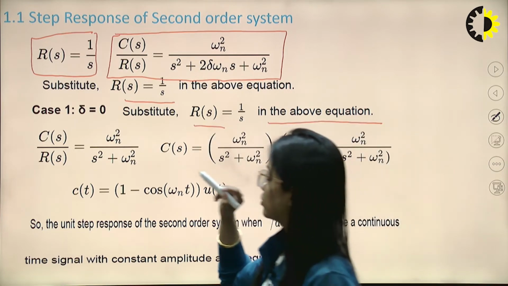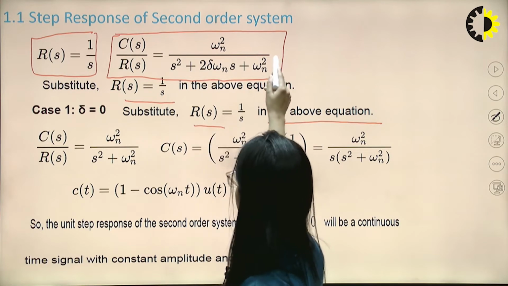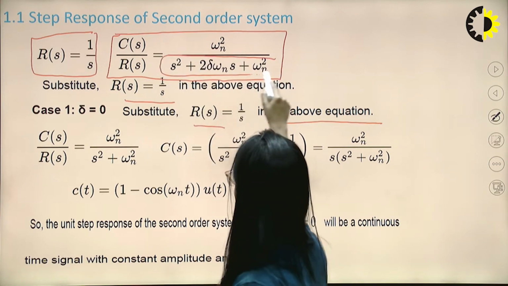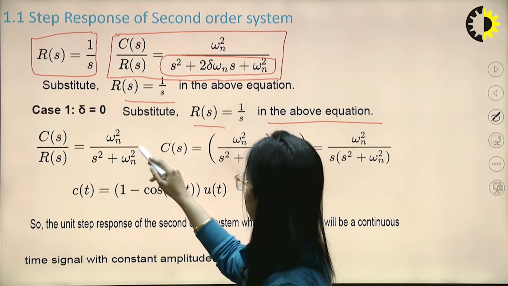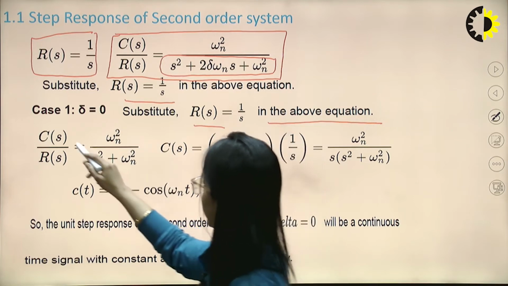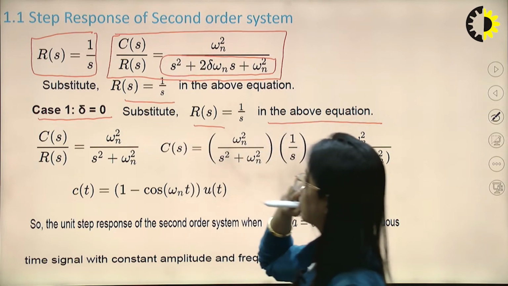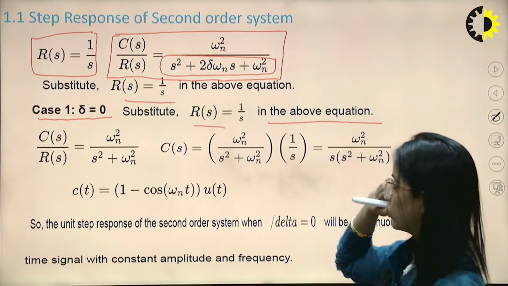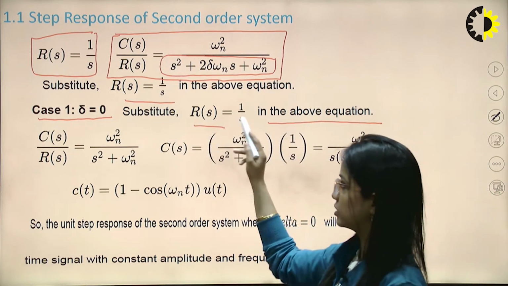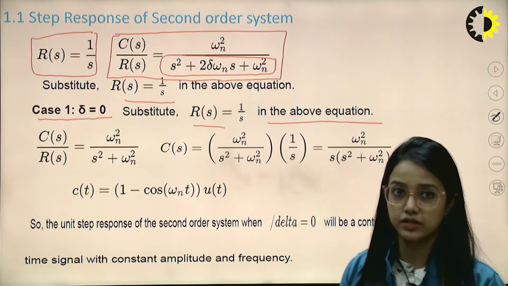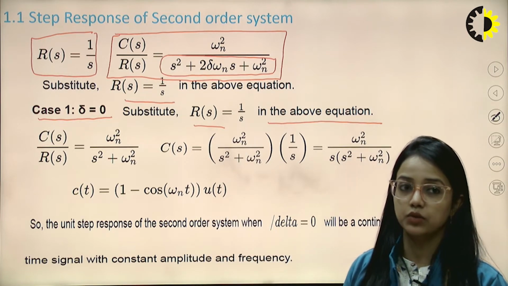Now we can also rewrite this, and we can find out, let's say, case 1 when zeta equals 0. So case 1 is R(s) equal to 1 by s always, and zeta becomes equal to 0.